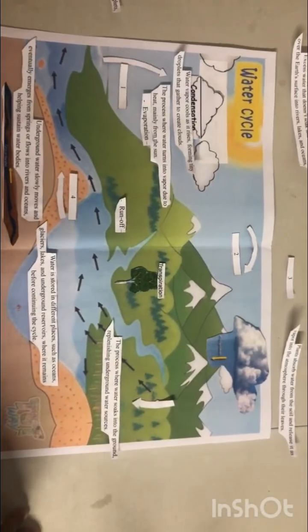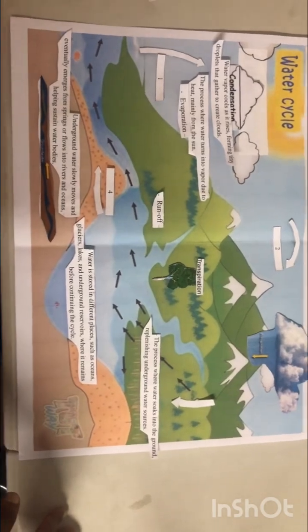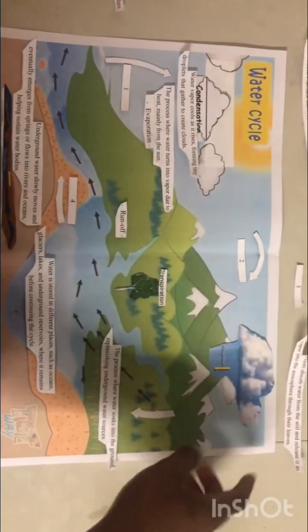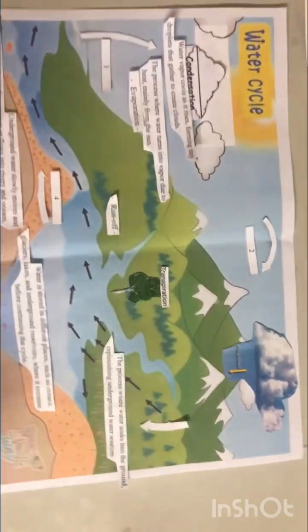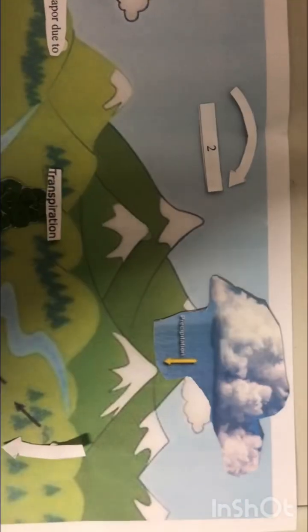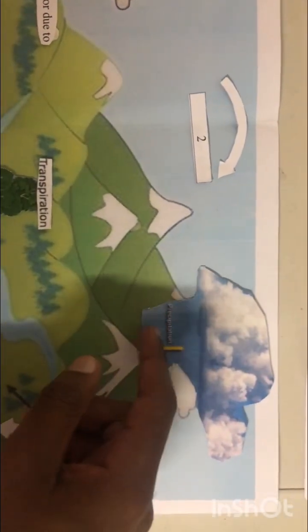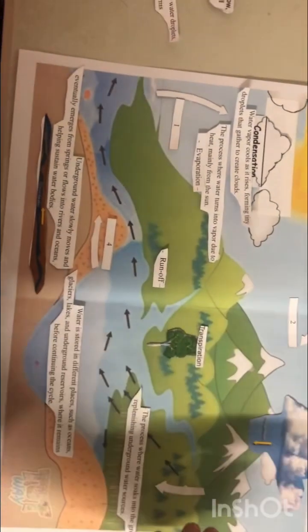And then we're going to move on to the process of precipitation. There's clouds, and not sure if you can see, but this is rainfall. Obviously, I'm not going to tell the student that this is rainfall. I would just say, this is precipitation.